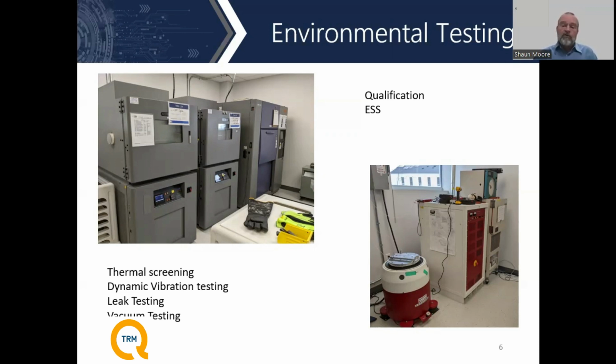So as part of ESS screening, we actually take up a couple percent of a component's life by putting it through some stress early on to try to weed out those infant mortality parts. That again becomes a very common thing for us to do here at TRM.